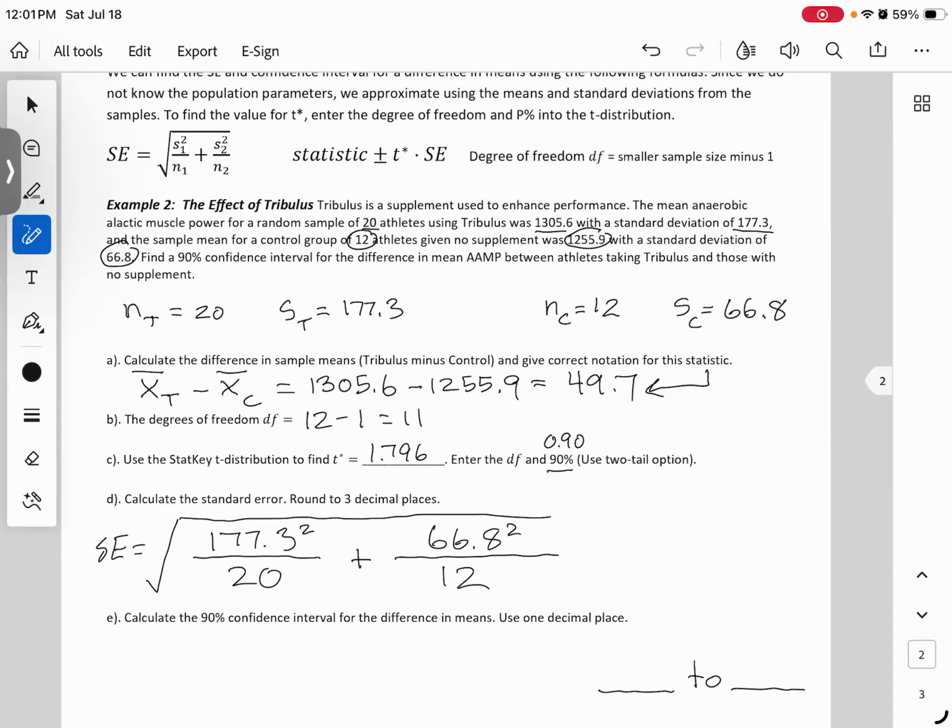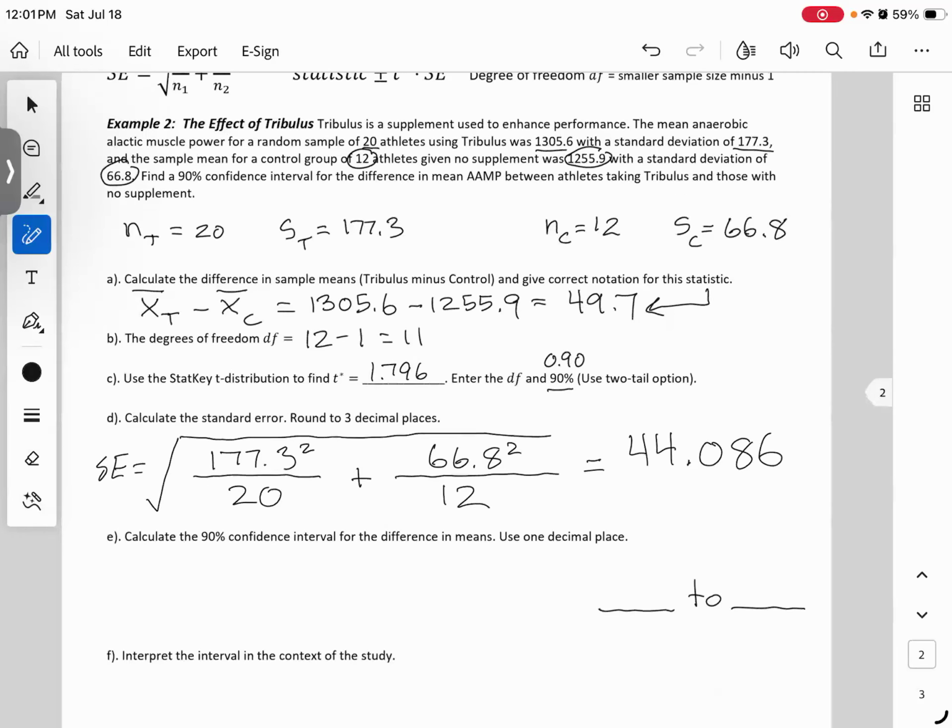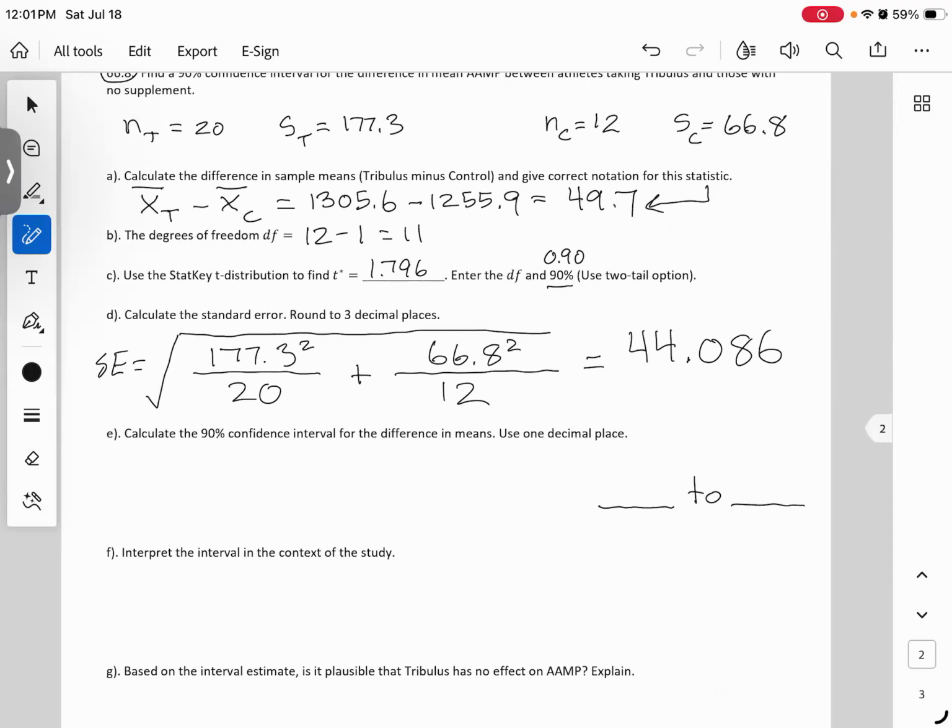So again, all I did there was just copy the formula, but putting in, this is the supplement group, and this right here is the control group. And when you put both of these in and round, you should get 44.086.